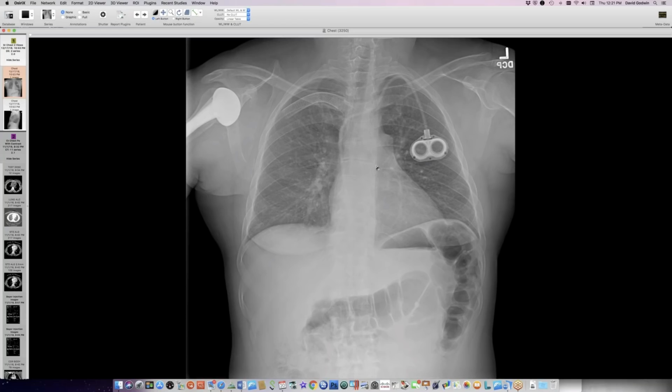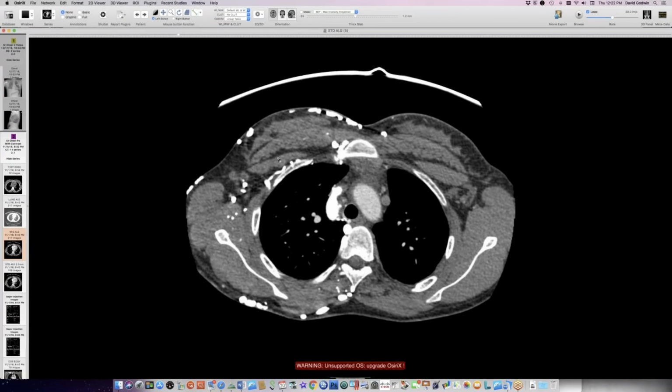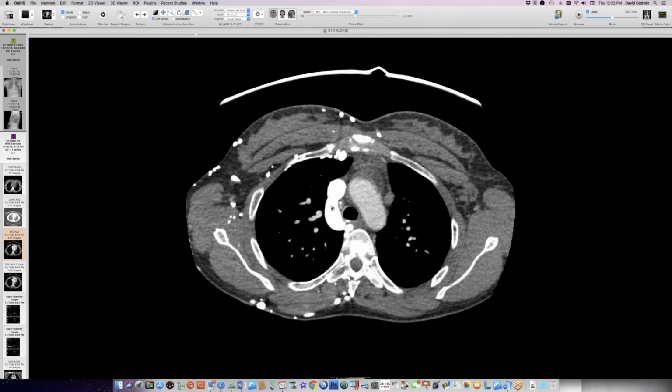This is a sickle cell patient who's had lots of venous thrombosis problems, and you can see that she has a venous stent in place because of her thromboses. And over the years, she has dilated her left superior intercostal vein, which is the left-sided equivalent of an azygous arch. So here's her very dilated left superior intercostal vein, and she also has a dilated azygous vein on the other side.